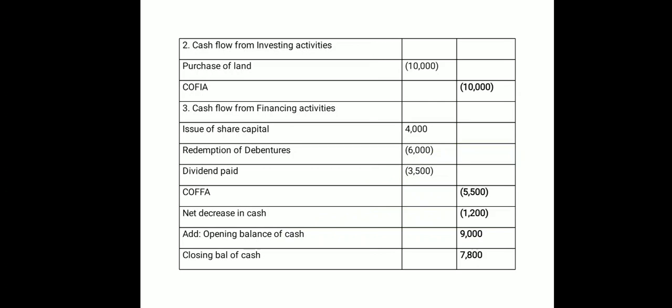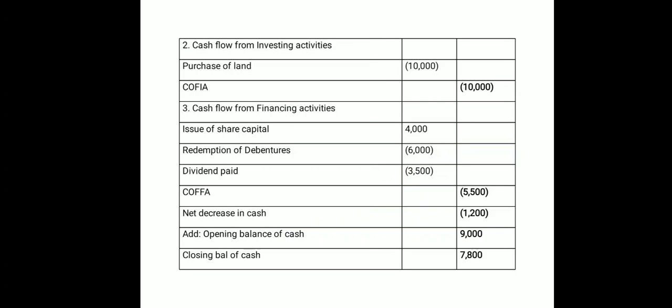Clear? Then next, the third activity is your cash flow from financing activities. So we have issued shares worth rupees 4,000. Okay, so it's a cash inflow for us. Now cash is coming towards our pocket, so we are going to take it as a positive one. Fine.